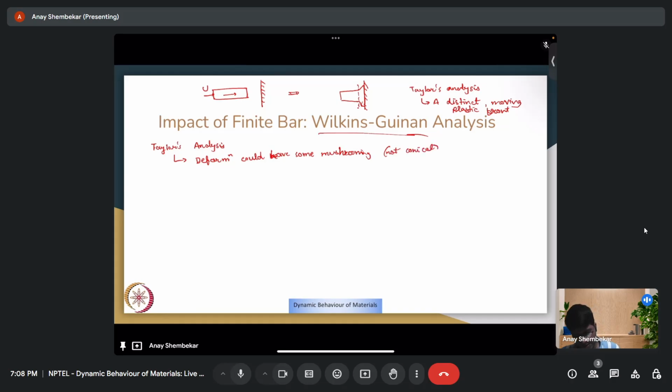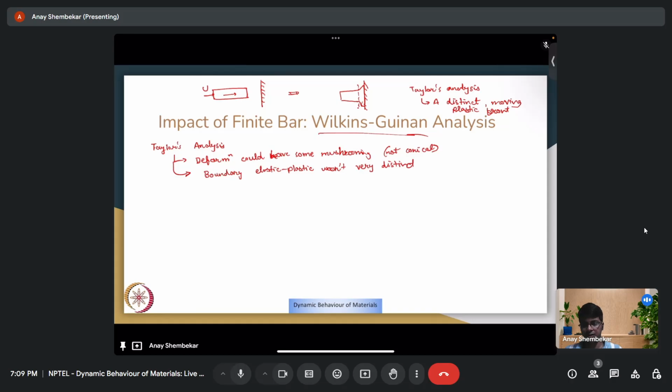Another part was that this elastic-plastic boundary wasn't very distinct. So you couldn't easily differentiate simply by looking at a sample what is happening.